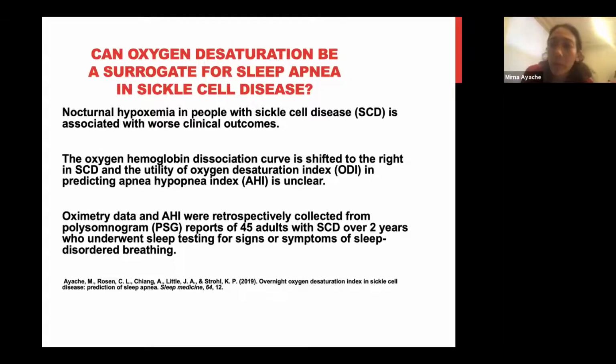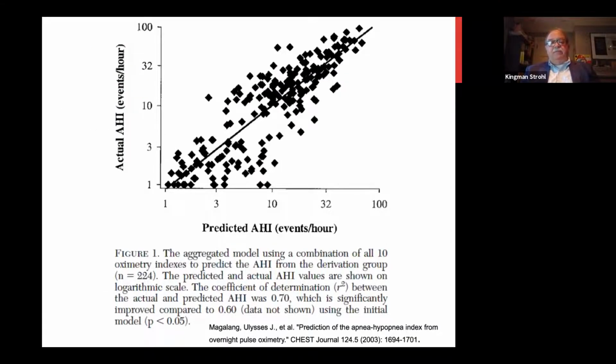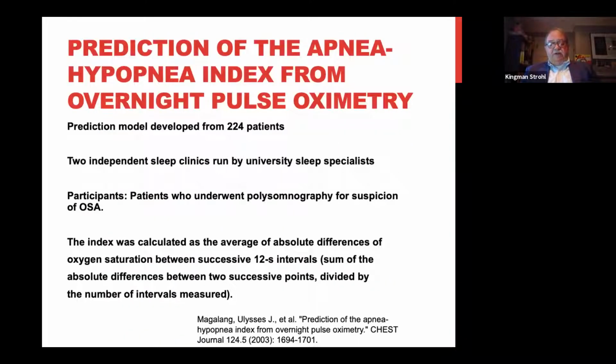Mirna, can we go back over that particular series of 3 slides? So as I understand it, they went 12 seconds by 12 seconds throughout the entire record. They obviously threw out some various things, and they looked at the mean difference in saturation between those 12 seconds.